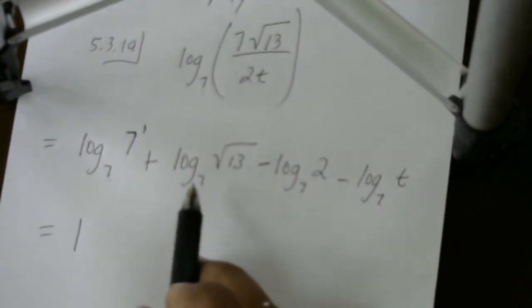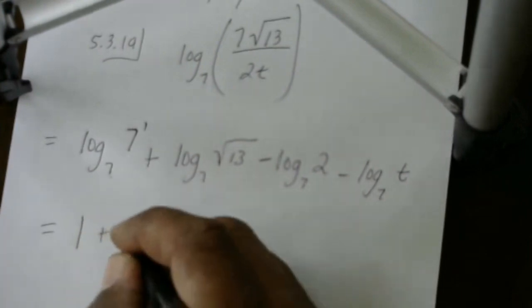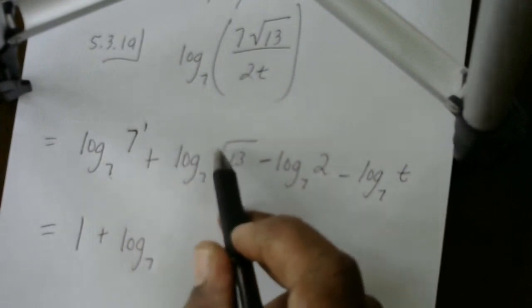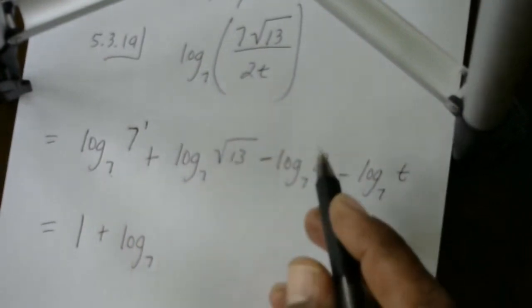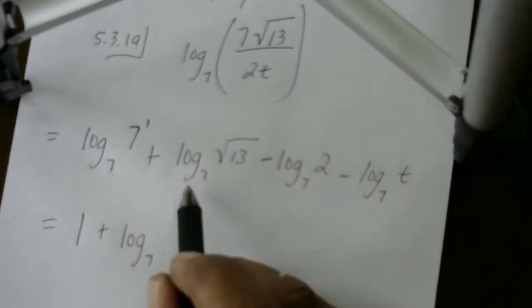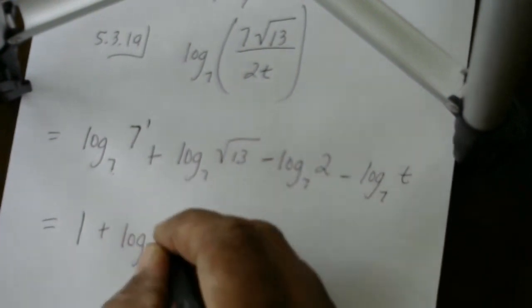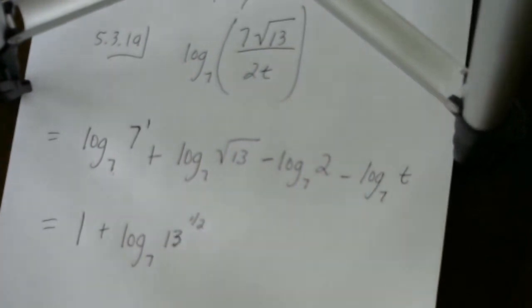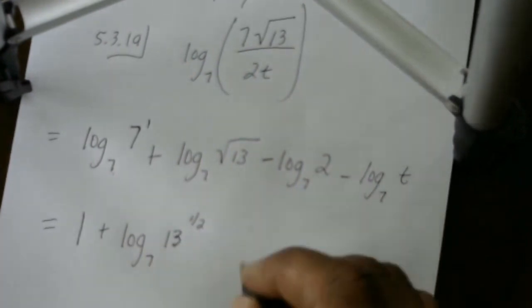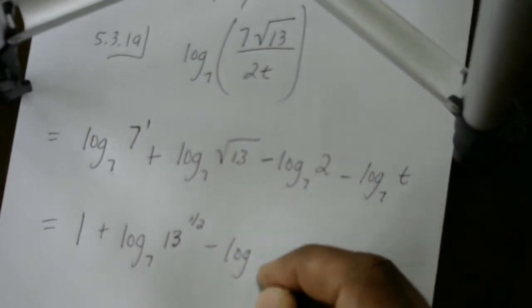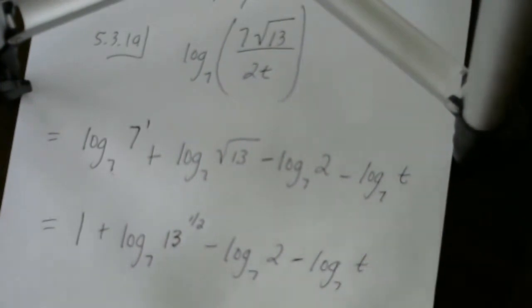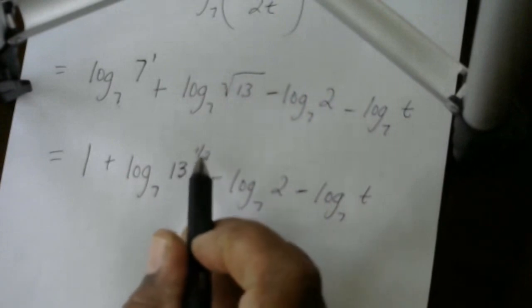For my second term, I want to rewrite this square root as the 1/2 power. I'm going to write this out as a log base 7 for 13 raised to the 1/2 power. I'm going to bring everything else down. Minus log base 7 of 2 minus log base 7 of t. Lastly, I want to use the power rule.